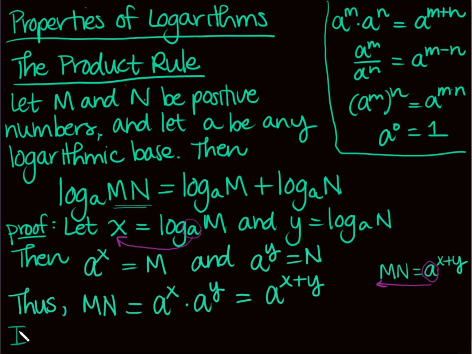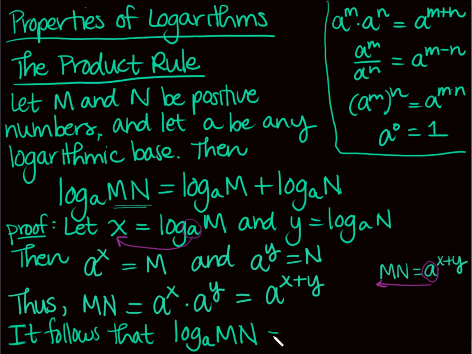So it follows that, what do I have again? If I bring the a across the equals sign, it becomes the base of my exponent, or excuse me, base of my logarithm. I'm sorry, I keep getting those confused. Bring the a across the equals sign, it becomes the base for my logarithm. And so what does it equal now? That equals x plus y.